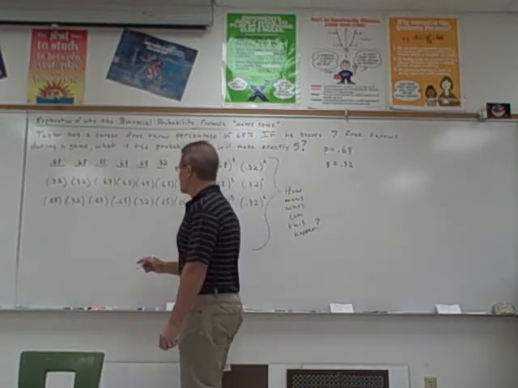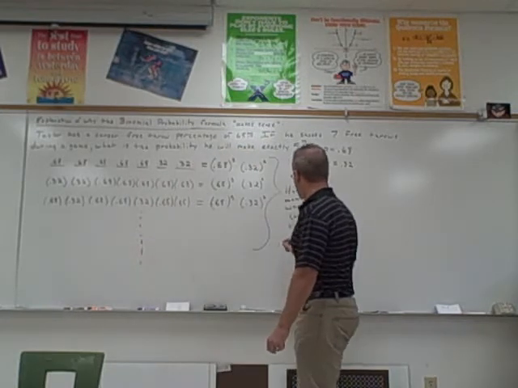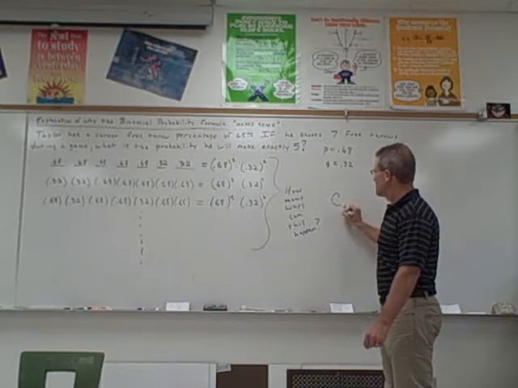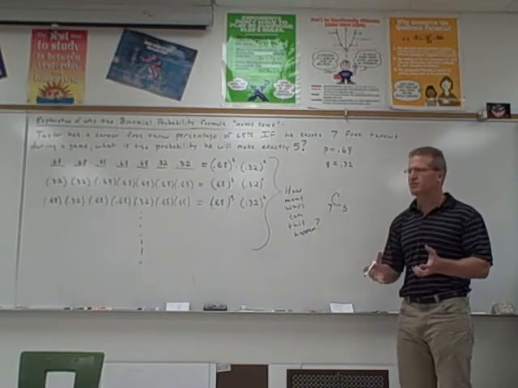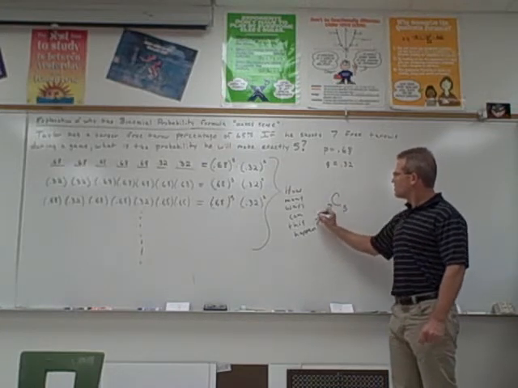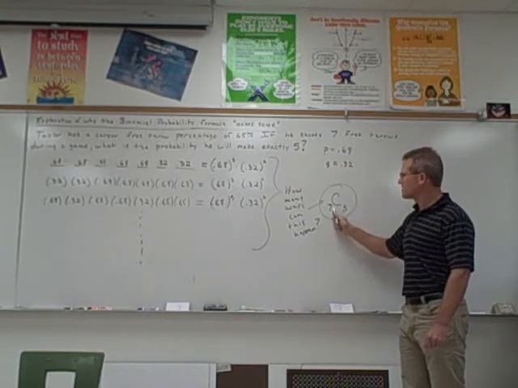So the way that we would write an expression for how many ways this could happen would be this. How many ways can he choose 5 shots out of 7 to make? Obviously he's not actually choosing, unless he's really good. But the answer to that is how many combinations of 5 out of 7 are there?